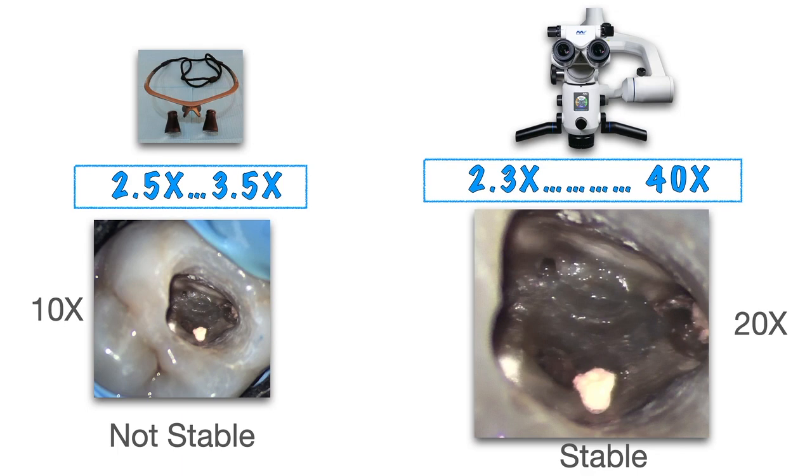The more we increase the magnification, the movement of the patient, or the heartbeat of the patient, or the heartbeat of the practitioner or the dentist, becomes clear inside the magnification, but with the dental microscope it is stable. With the loop, it's not stable. With the dental operating microscope, there is more magnification, better light, and it is stable. So still, using the dental operating microscope is superior to using dental loops.